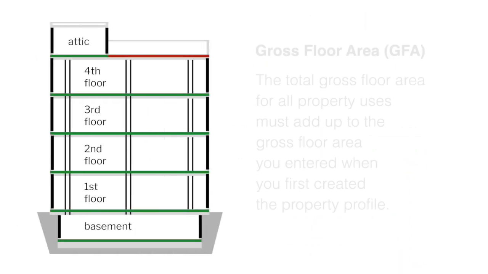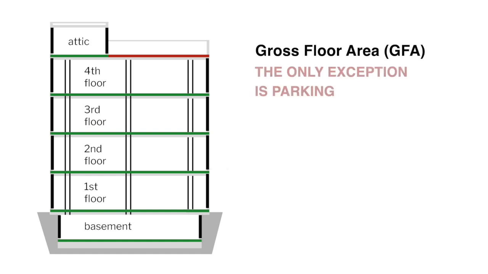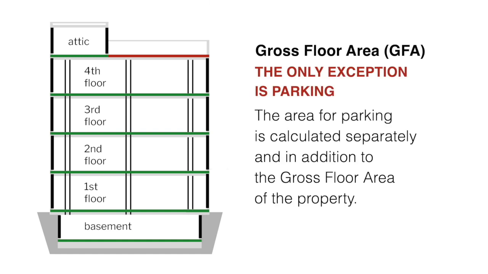Remember, the total gross floor area for all property uses must add up to the gross floor area you entered when you first created the property profile. The only exception is parking. The area for parking is calculated separately and in addition to the gross floor area of the property.